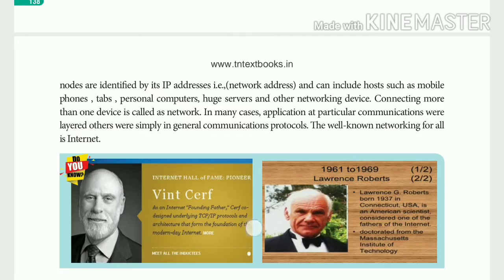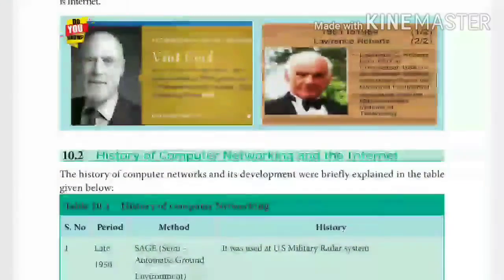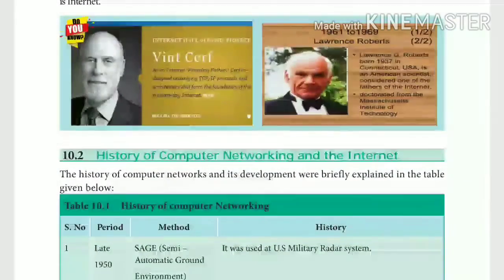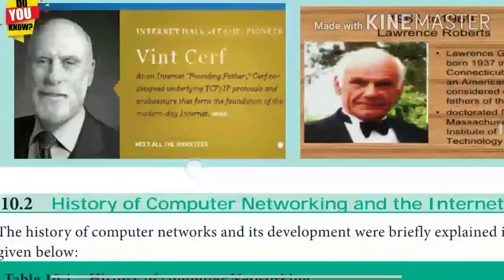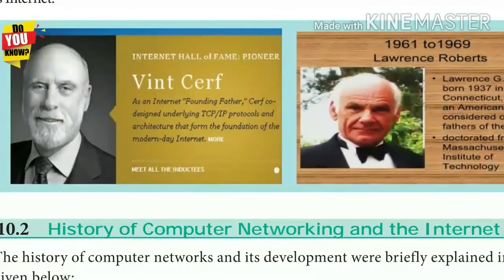So here you can see that this is the history of computer networks and the internet. Okay, so this is the father or founder of the network. So this is the internet.